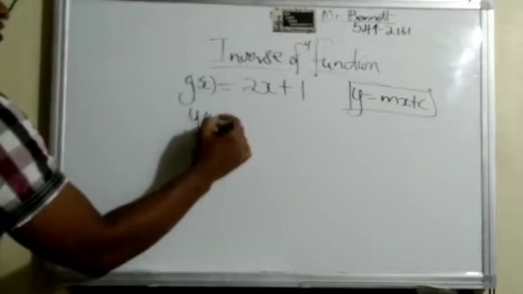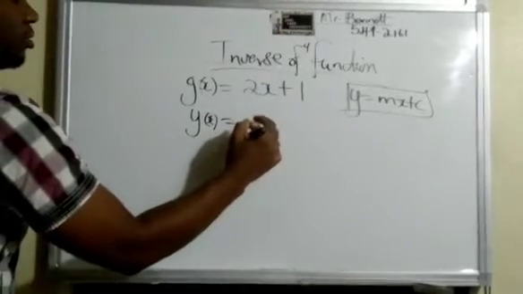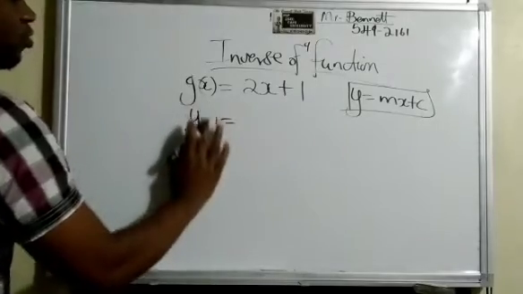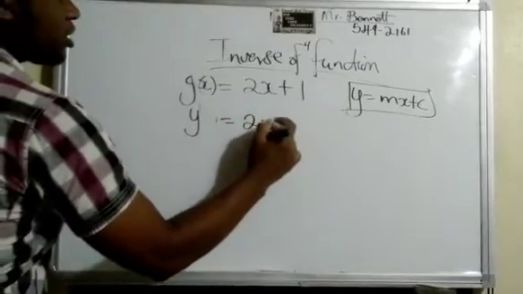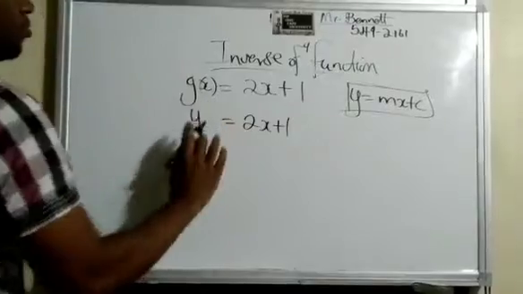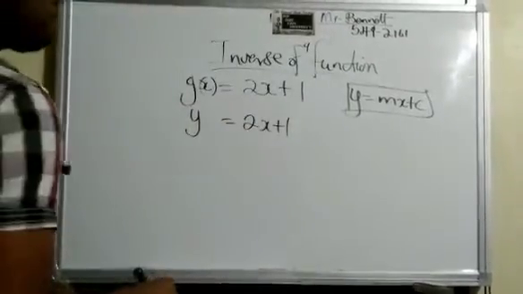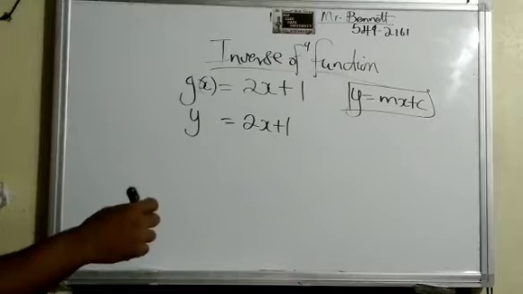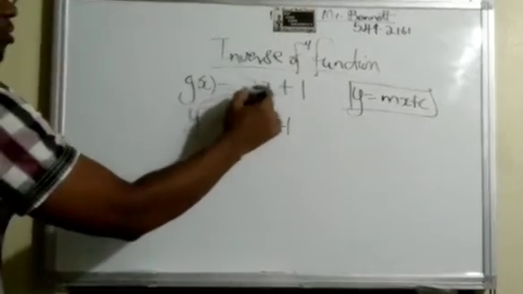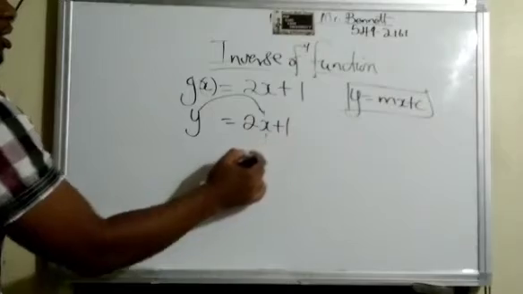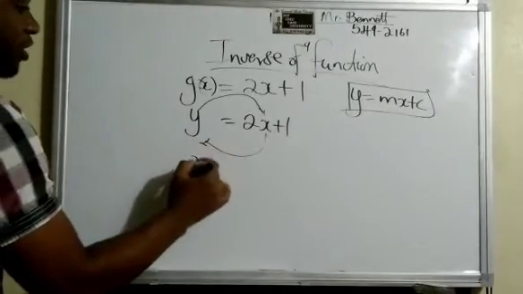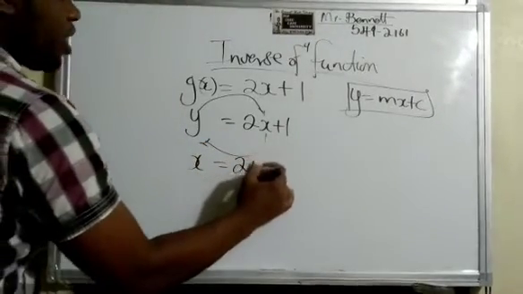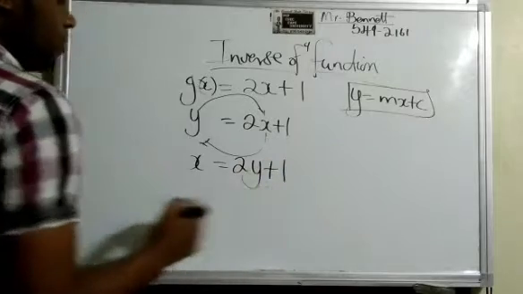So we can say y is equal to 2x plus 1, as it's just y, alright? The next thing we're going to do is to interchange x for y and y for x. What we mean by that? We carry y where x is and x where y is. So we have x is equal to 2y plus 1.